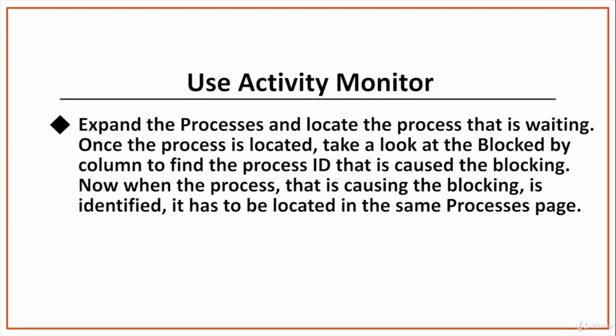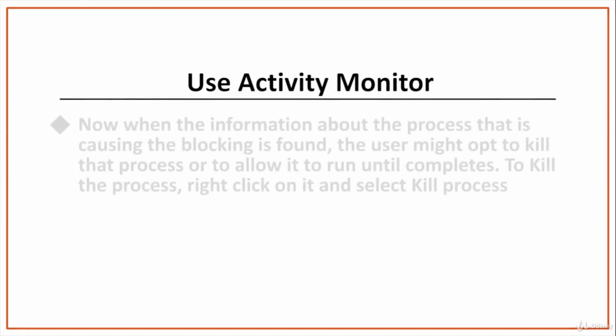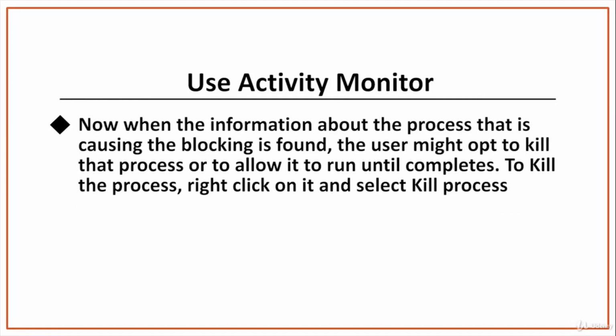Now, when the process that is causing the blocking is identified, it has to be located in the same processes page. Then the user might opt to kill that process or to allow it to run until it completes. To kill the process, right-click on it and select Kill Process.